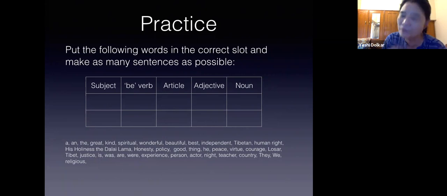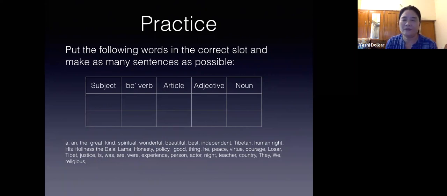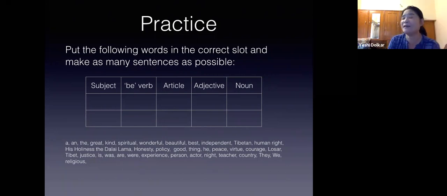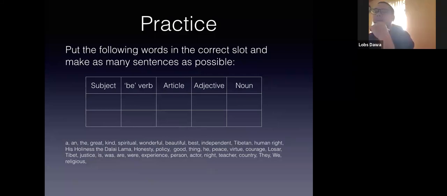So have been is a be verb in the present perfect tense. I have a pen.